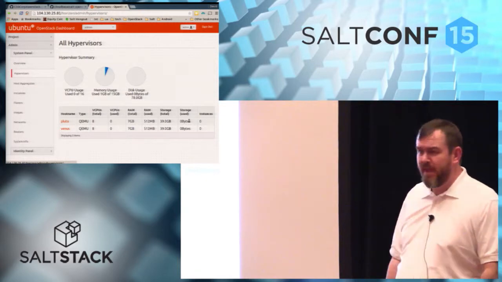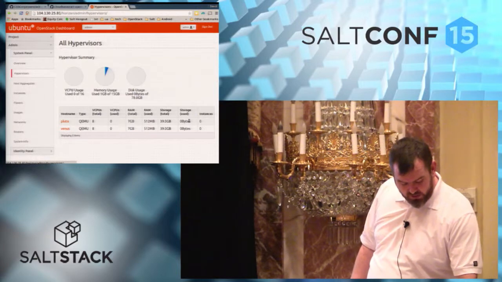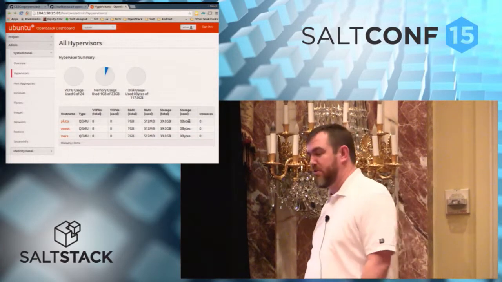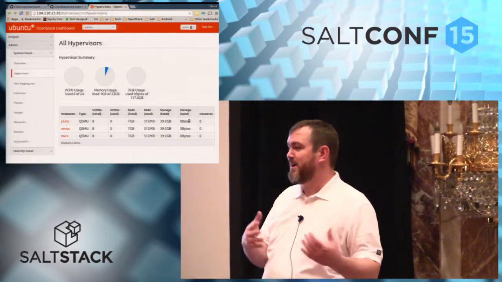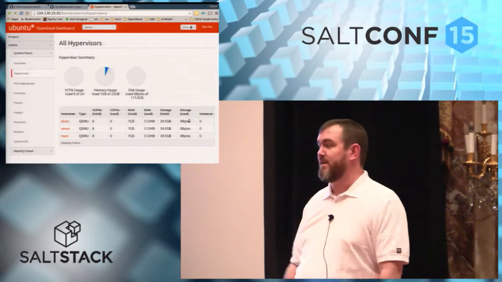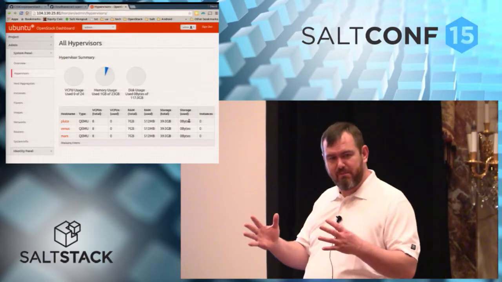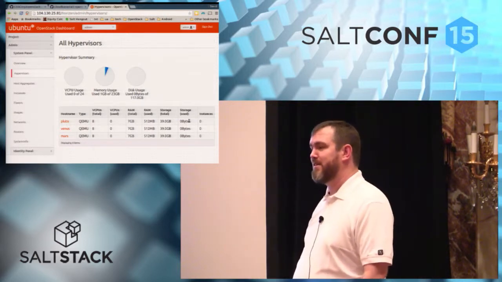So, somebody have any questions? I think we've got about 9 more minutes left. There we go. There's a third one there. Like the gentleman said, if we had done the orchestrate system instead of just a plain highstate, then we could have said, make sure that Horizon and everything is up first and do the compute nodes last, and then we wouldn't have had that problem.